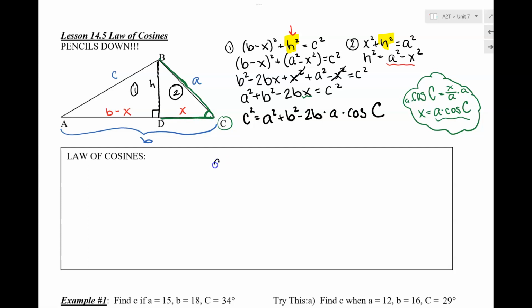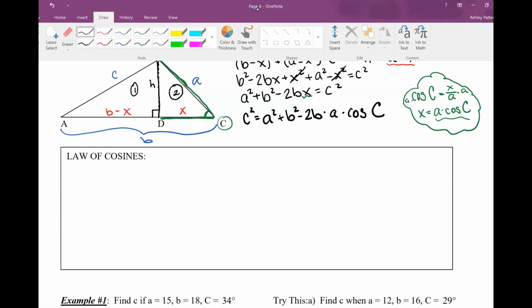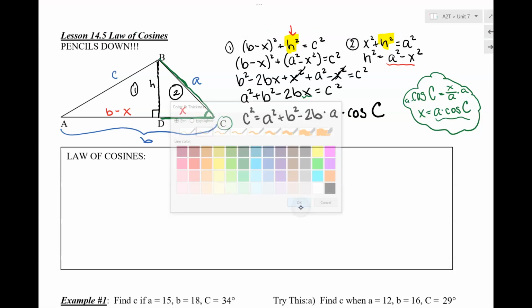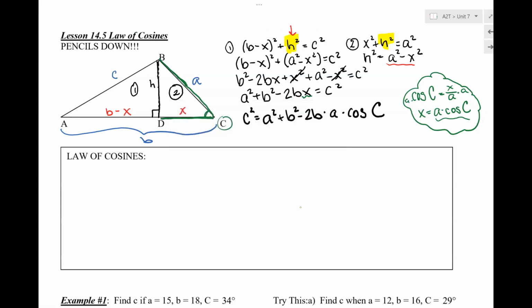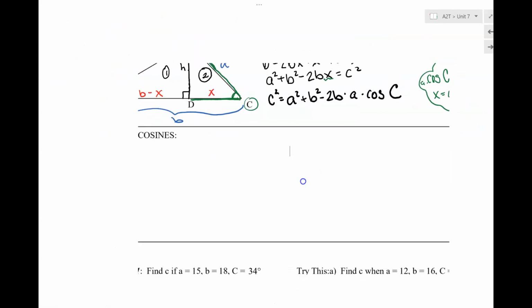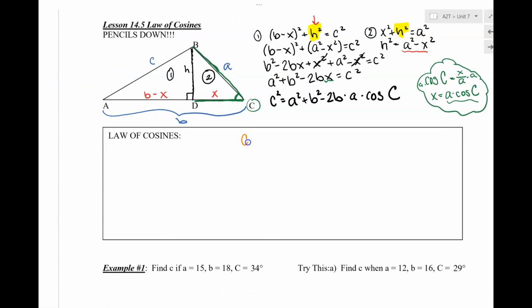Ladies and gentlemen, this is the law of cosines, which I think is so rad that it comes from just playing around with a triangle that we were given, dropping that altitude that we've done so many times to create the height. So we say that c squared is equal to a squared plus b squared minus 2ab times the cosine of angle C.